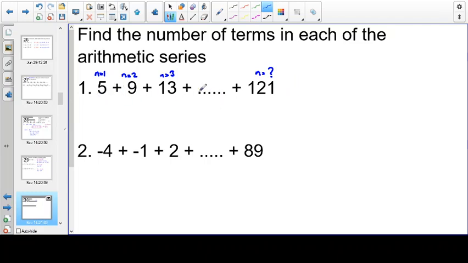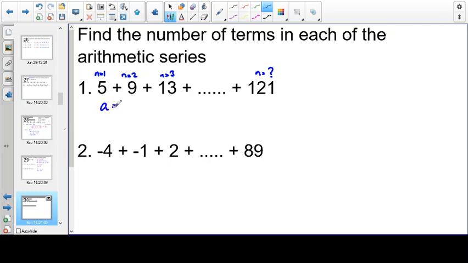So what we want to do is work out the nth term and then solve. Because by working out, if we solve and put our nth term equal to 121, then that will tell us the position that that is in. And because that's the last number in the series, then that must be how many terms there are. So I hope that makes sense.